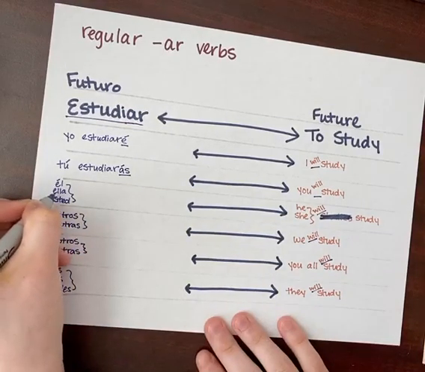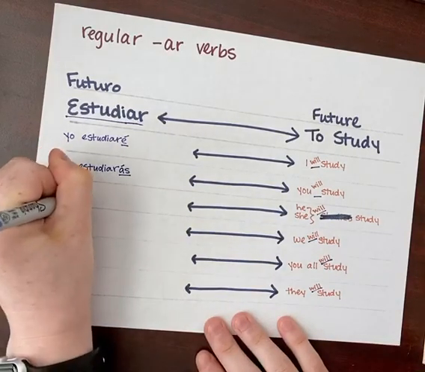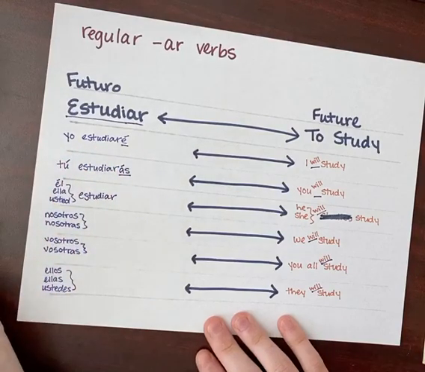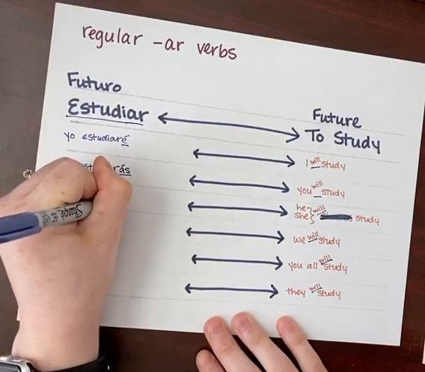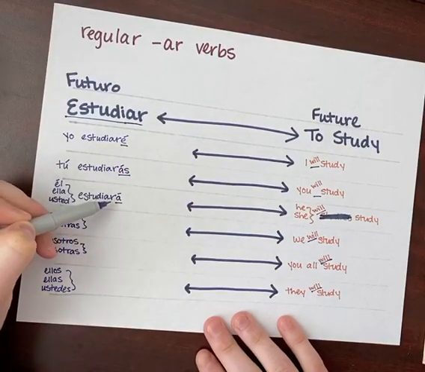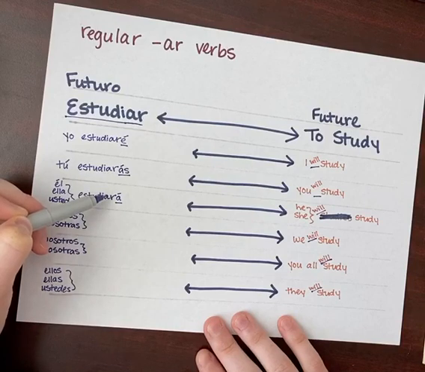And then for él, ella, usted, we're going to again take the infinitive form, and then we're going to add an accented A.